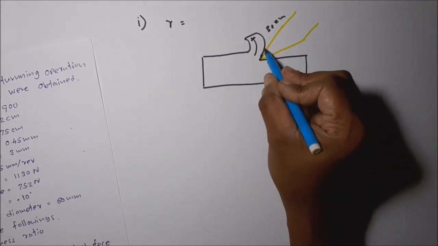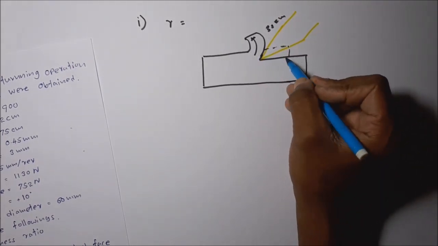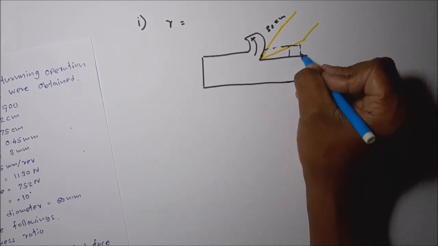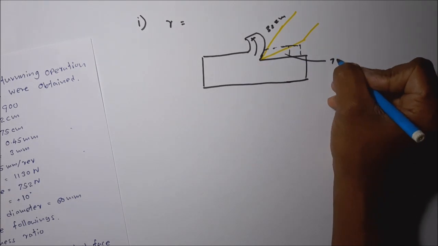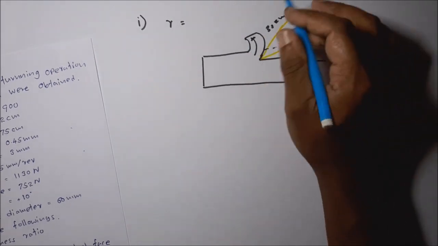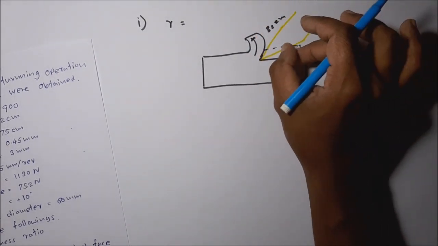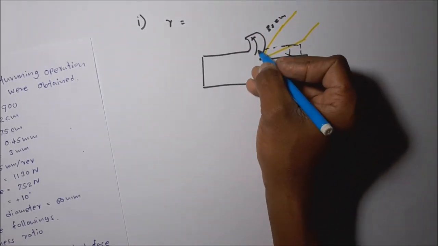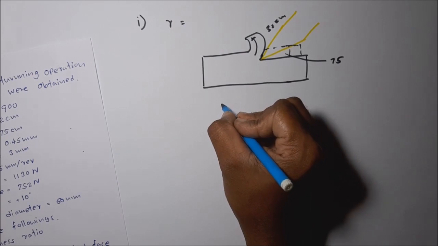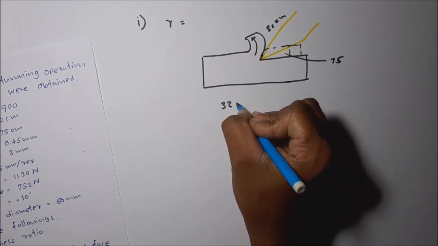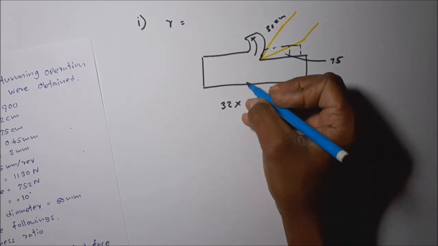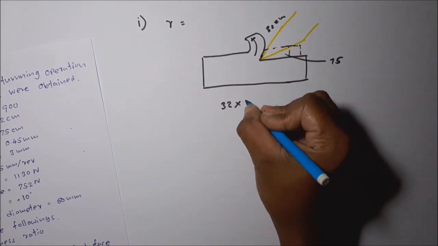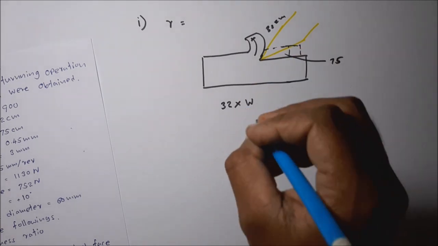Before it is removed from the workpiece, the length of cut is also given, 75. Anyhow, before and after removal, the volume should be the same. So what is the volume after removal? 32 into length of the chip into cross section. The width doesn't change in orthogonal machining.